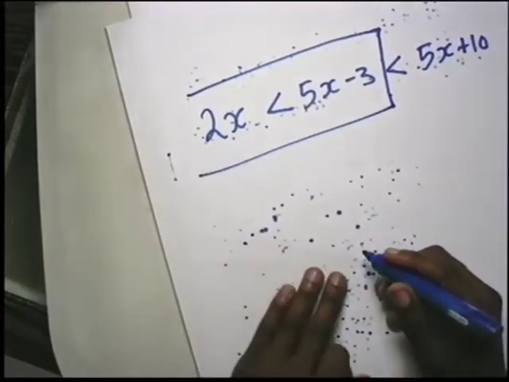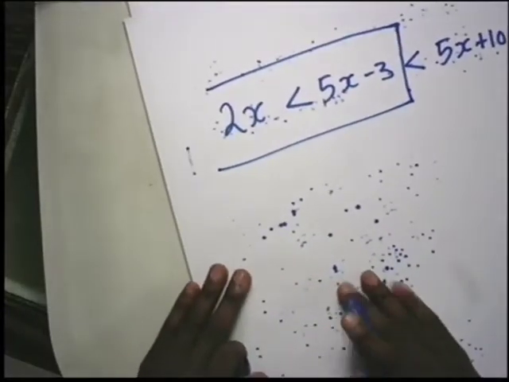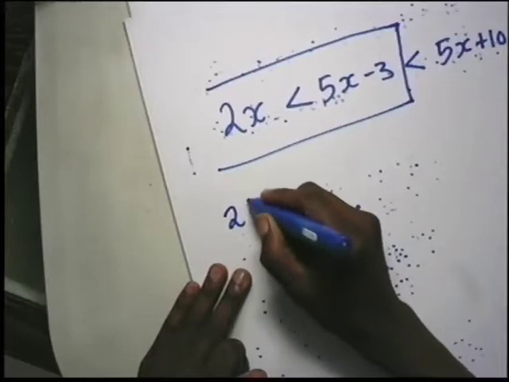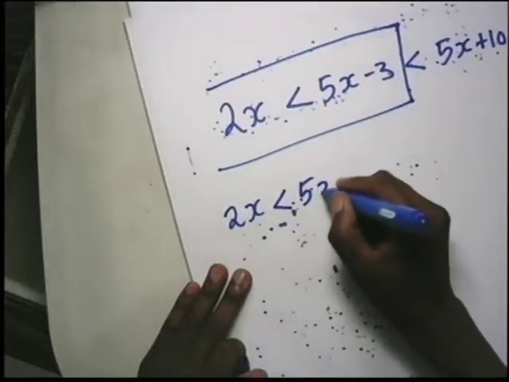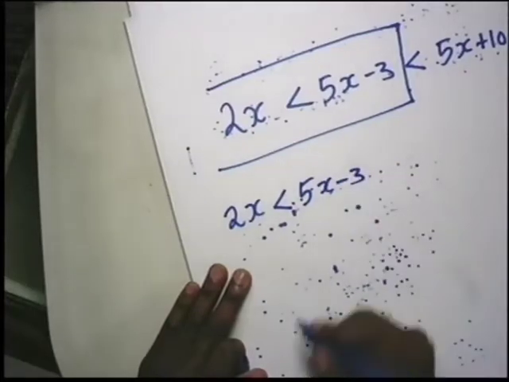Solve this part separately. That is that you have 2x less than 5x minus 3.